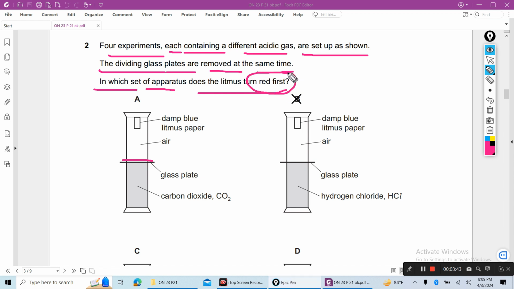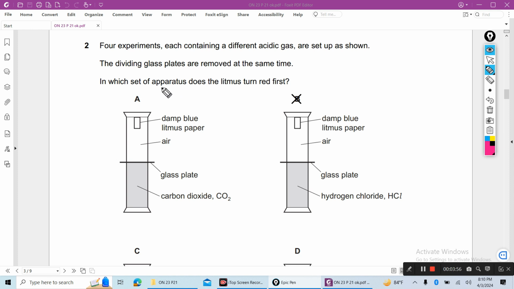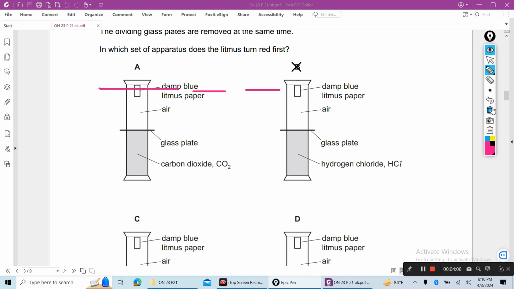All are acidic gases, and you know acidic gas turns blue litmus paper red, but the question is asking which set of apparatus turns the litmus red first? And you see this is the answer B, hydrogen chloride gas. So it will turn blue litmus paper red most quickly.